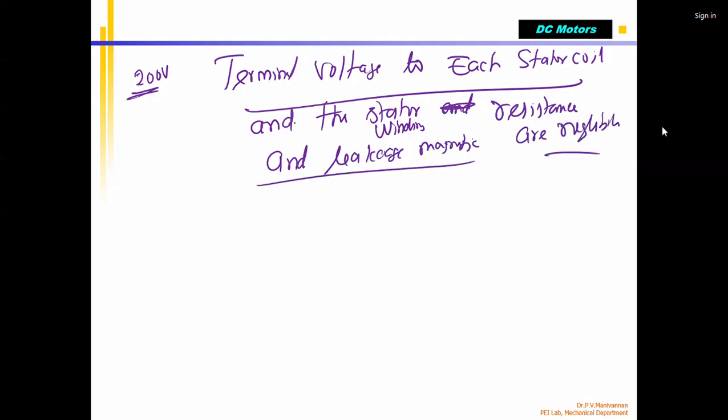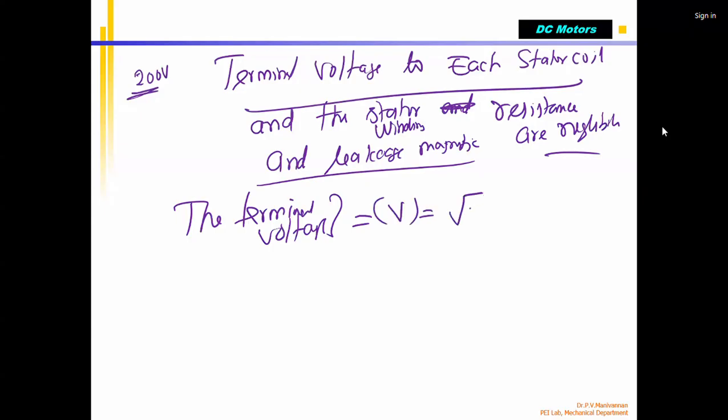Then this is the condition when we apply a fixed voltage, and if the stator winding resistance and leakage resistance are negligible, very small value, then the terminal voltage can be written as capital V is nothing but √3 into 4.44 into Kw into F into phi R into NPH. Okay.